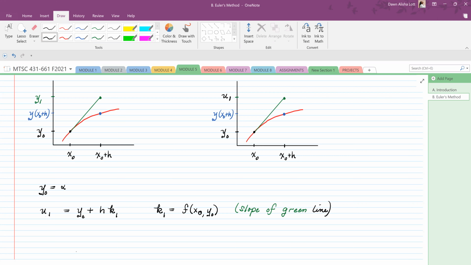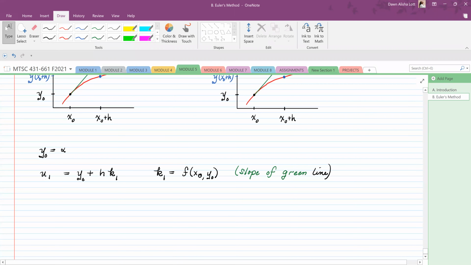Then it says find now the slope, which we're going to call K2, which is going to be f of my x naught plus h, which is my x1, and u1.